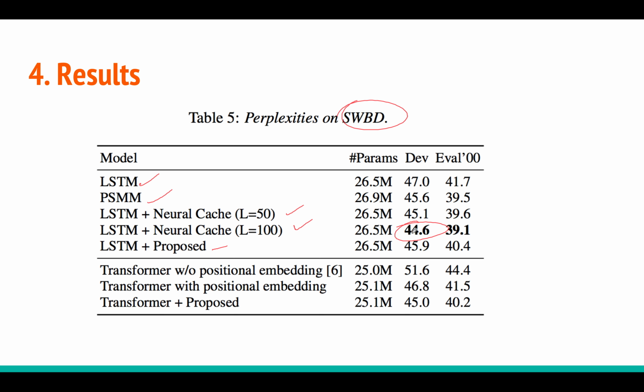Usually this happens, sometimes these experiments vary, but that's okay. And if you use transformers with the proposed approach, again it's not improving, and LSTM plus neural cache is still better. But this is just an experiment with transformer.